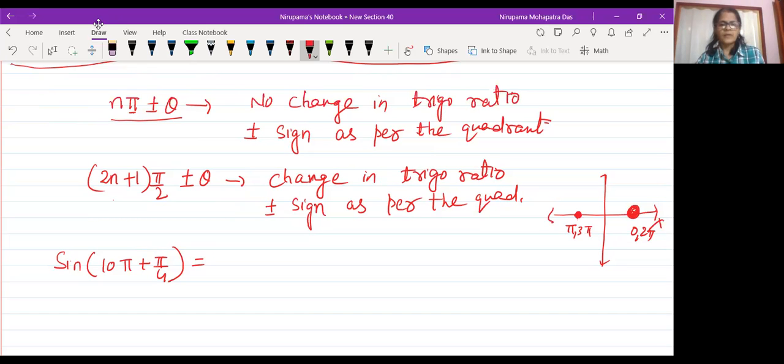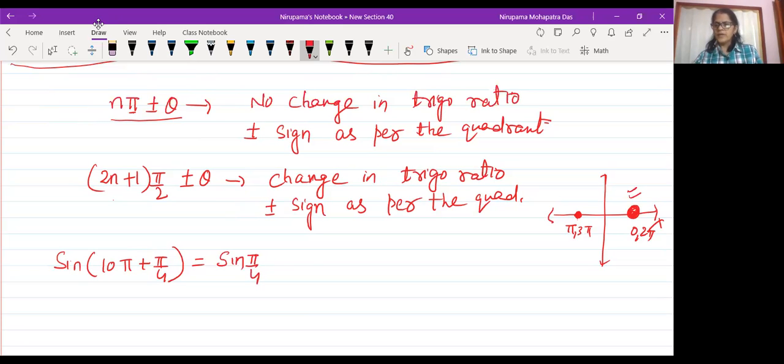10 pi plus pi by 4 means the angle will be in the first quadrant. So this will be equal to, as I said, n pi plus minus theta, no change in trigo ratio. So sine will become sine, and we have to write sine pi by 4 plus minus as per the quadrant.